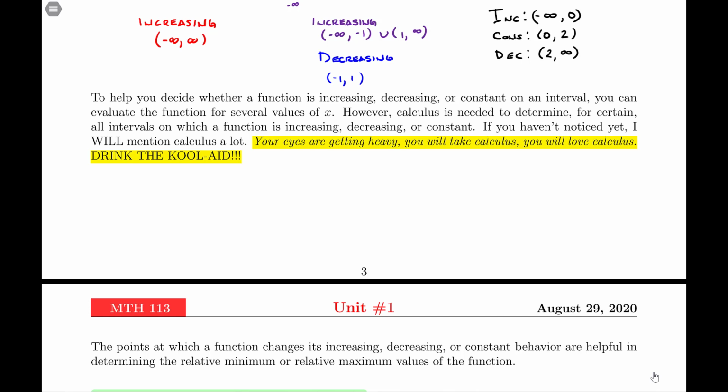But right now, when we're just looking at intervals of increase, decrease, or constant, we can evaluate the function for several different values of x, and get a determination of where it's increasing, decreasing, or constant. But when we want to find precisely where that happens, we would have to apply calculus, we would have to apply derivatives. So right now, we're just going to focus on trying to determine algebraically the best we can where a function is increasing, decreasing, or constant.